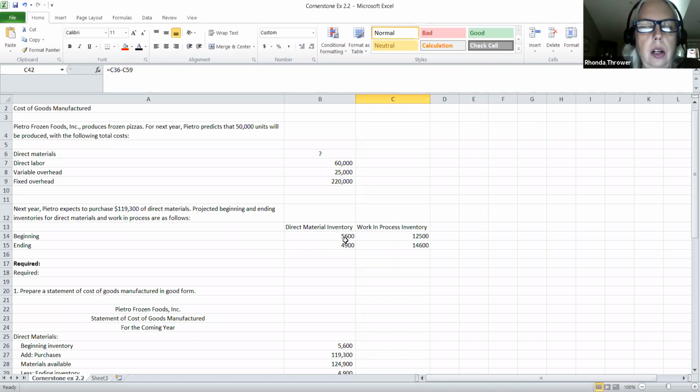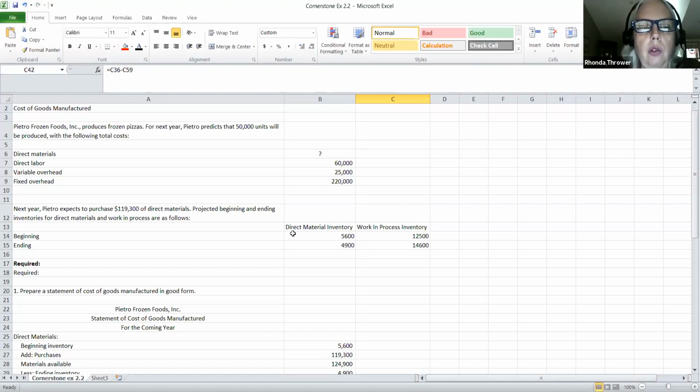Your direct materials are those materials that have a high cost associated with them for the product that you're producing, and the direct materials will enter directly into the product that you're producing.